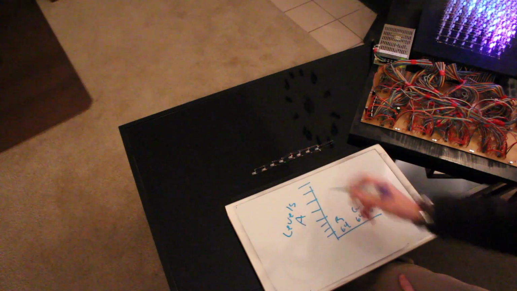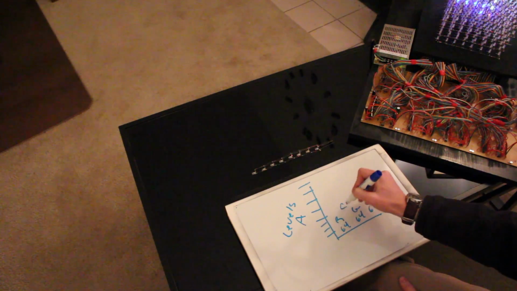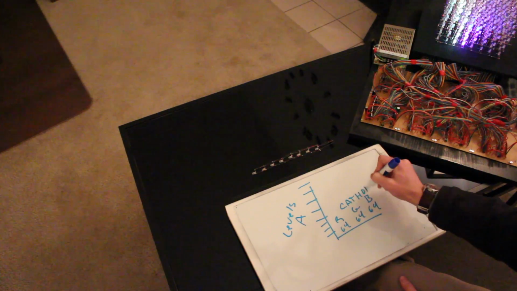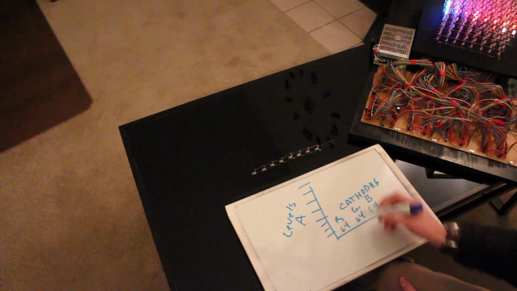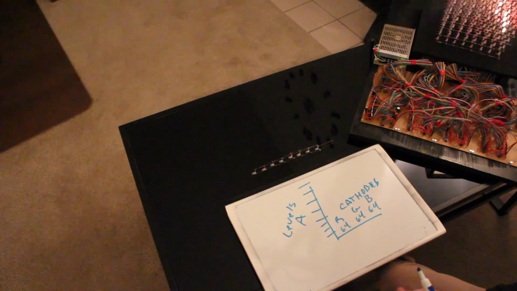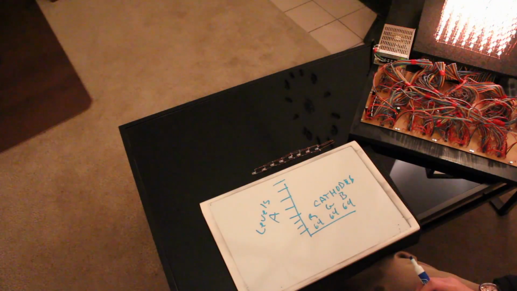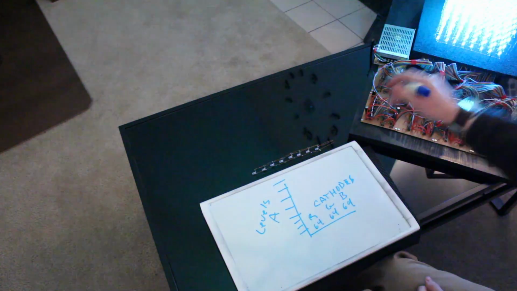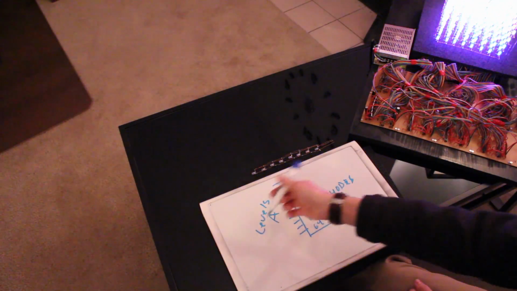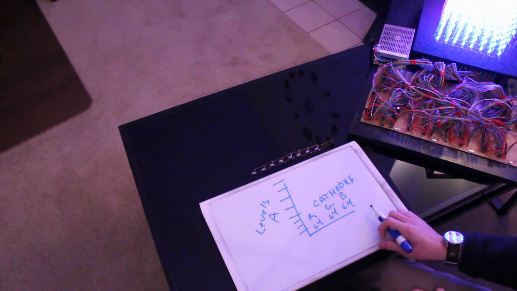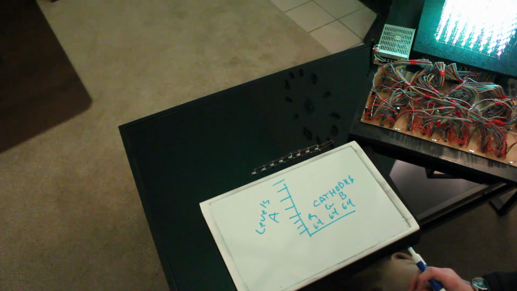So you have 8 anodes, and 64 cathodes per color, which gives you 192. So that is the architecture. That is exactly how it's built here. We have all of the anode levels coming down, and we have 192 cathodes.